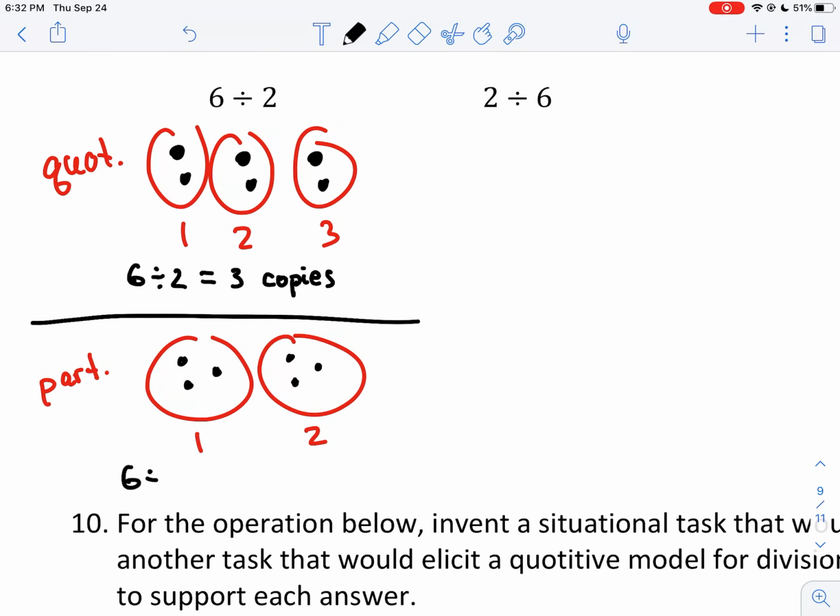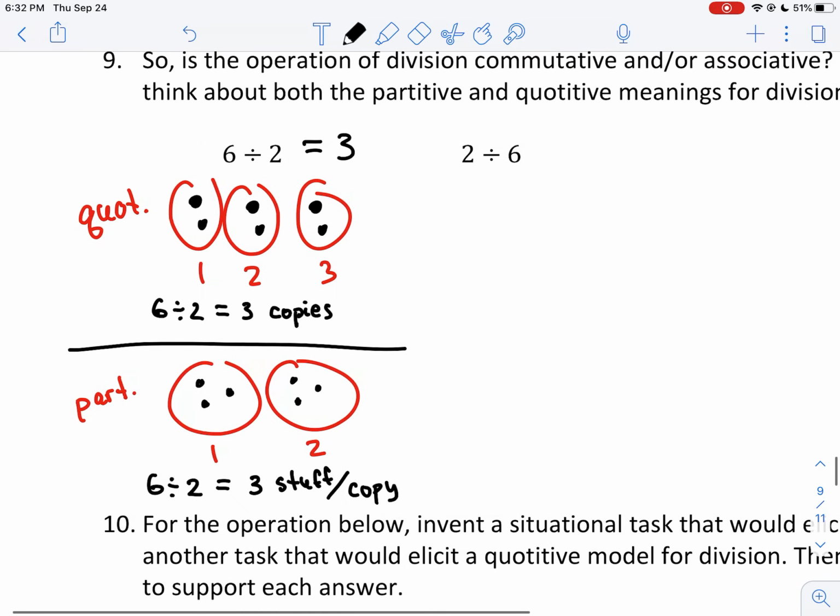In the next question, we were asking ourselves, 2 copies of what amount make 6? And this is 3 stuff per copy. We're going to have units here. Maybe 3 candies per kid, for example. They're very different visuals, but numerically, in both cases, the answer is 3. It's just the meaning of the 3 changes depending on what we're thinking about.